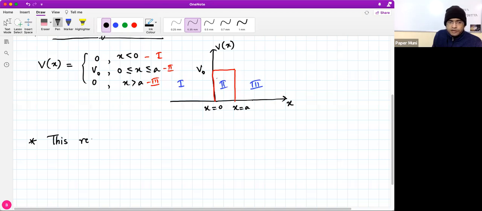This rectangular barrier is repulsive in nature.